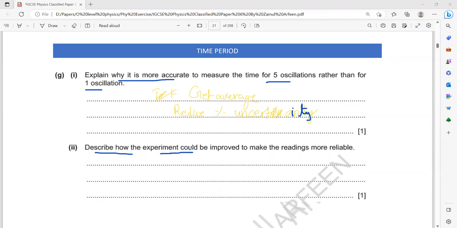Then the next part is: describe how the experiment could be improved to make the readings more reliable. If we want to make it more reliable, how can we increase the reliability of the results? What should we do? We should repeat the experiment with a greater number of swings, like repeat the experiment with 20 oscillations and take an average.